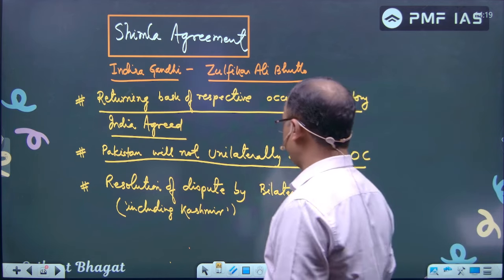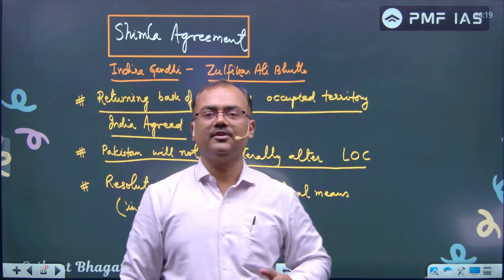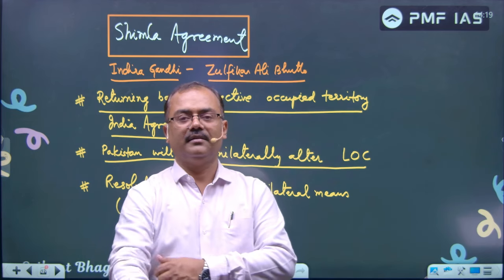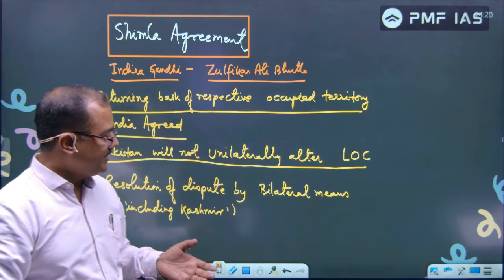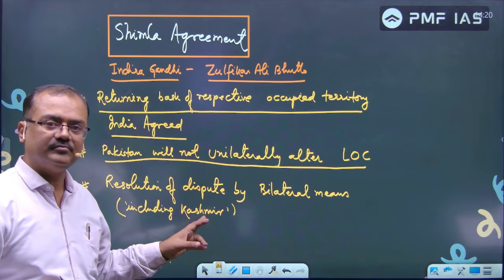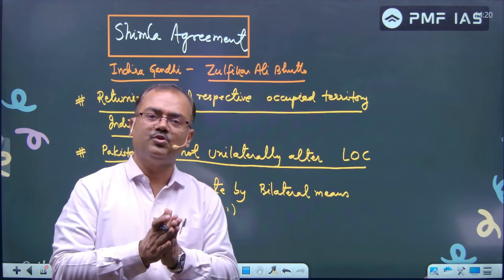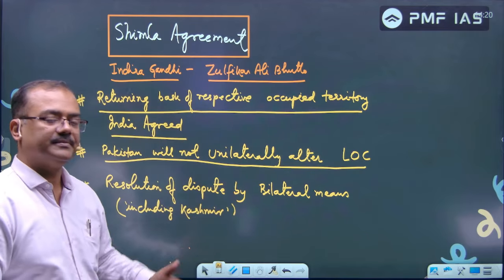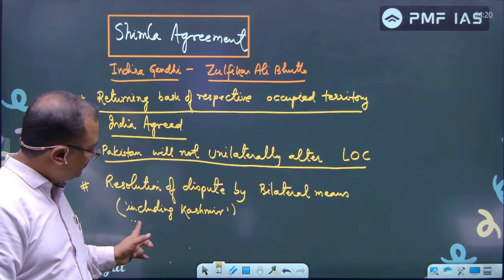It's a great achievement of the Simla Declaration because of what had happened: Nehru's mistake. Nehru went to the UN, saying, oh, come, mediate. So arbitration by a third party will not be there. All Indo-Pak issues will be resolved through bilateral means, even the Kashmir issue.